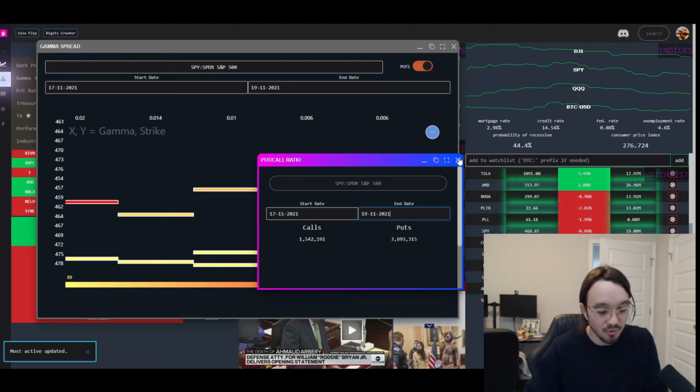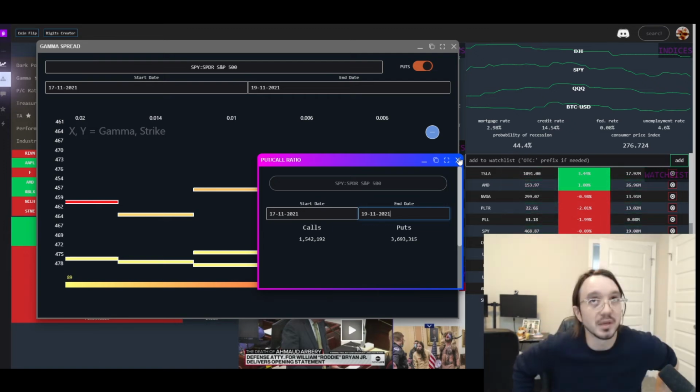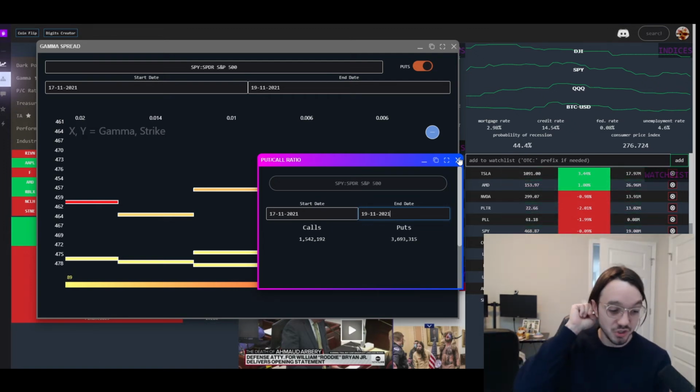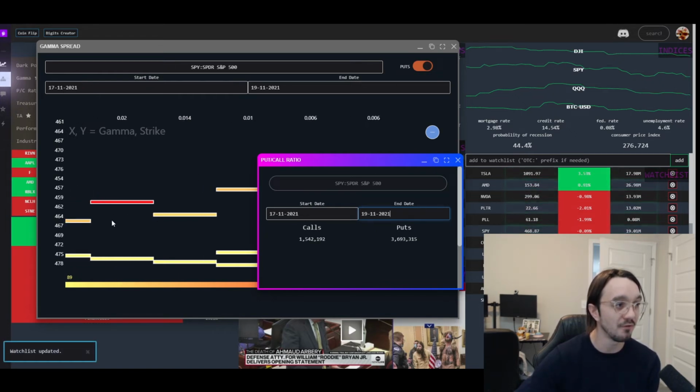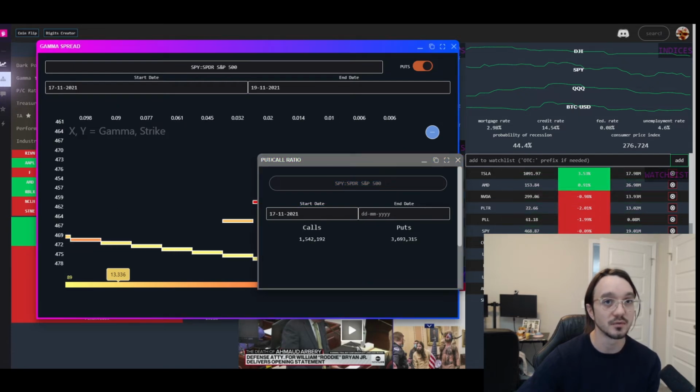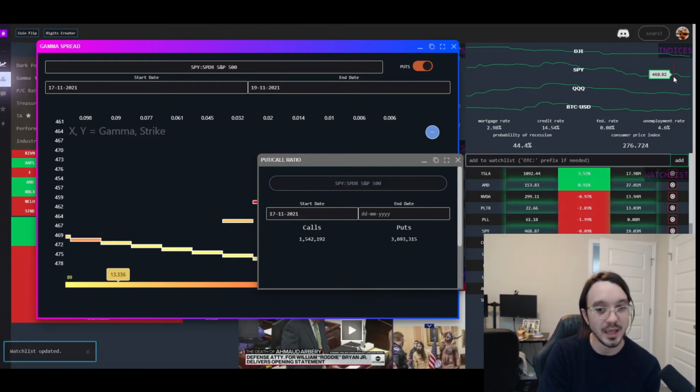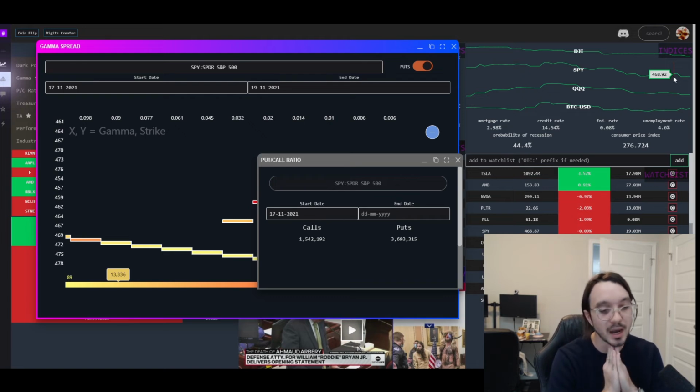Now, the reason one might look at it that way is because if puts are cheap, and we do have a large delta all the way down, yeah, we're looking at puts right now, we have this wall at 460, right? And we're 10 points above it. So, or roughly 9, it's going down a little bit. So with that being said, what are the chances SPY is going to drop roughly 2.5%?